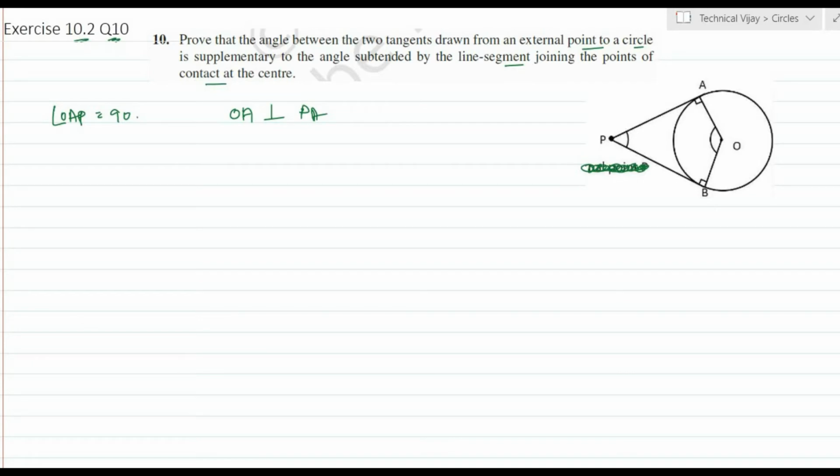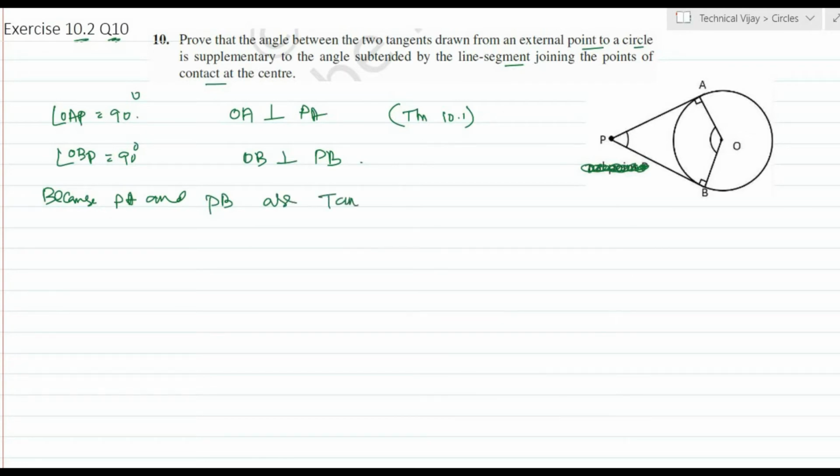This is theorem 10.1: the radius of the circle is always perpendicular to the tangent drawn. Also, angle OBP is equal to 90 degrees because OB is perpendicular to PB. This is also a tangent, because PA and PB are the tangents drawn from the external point P.